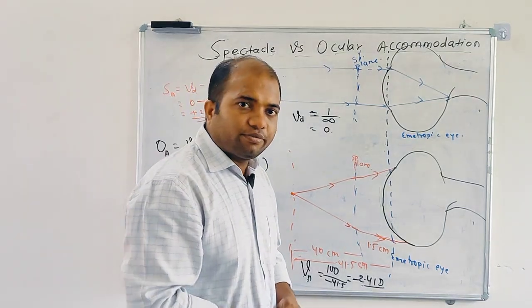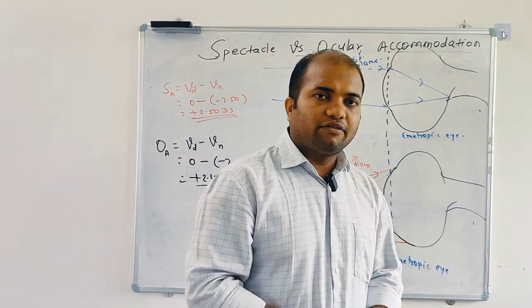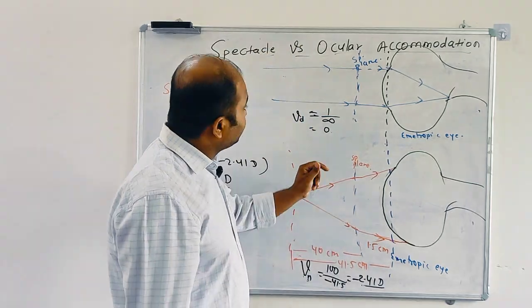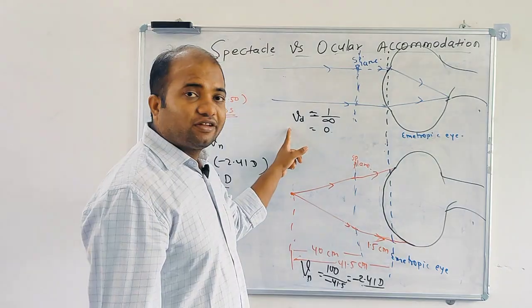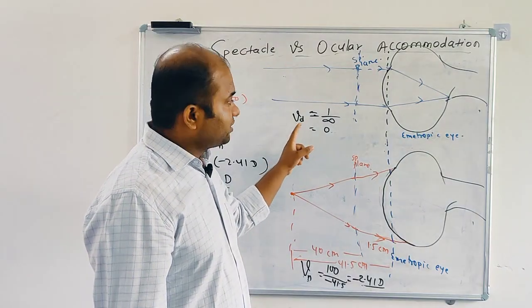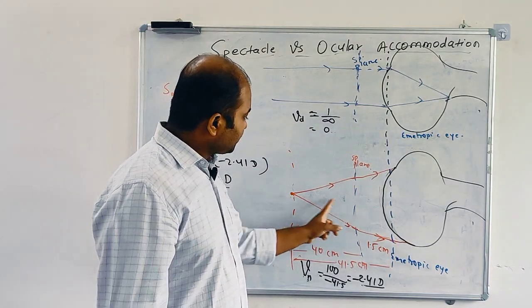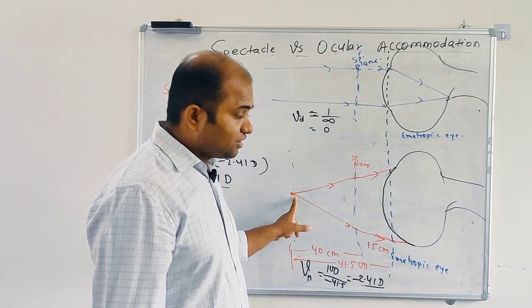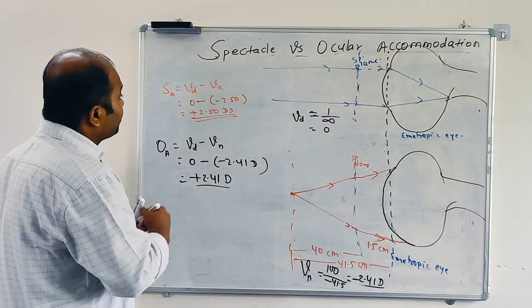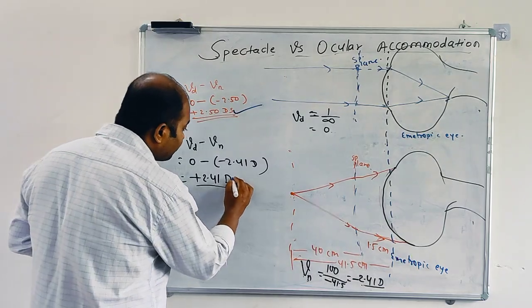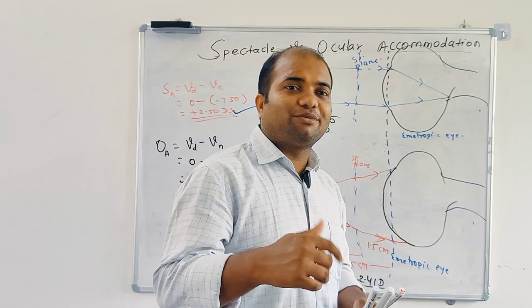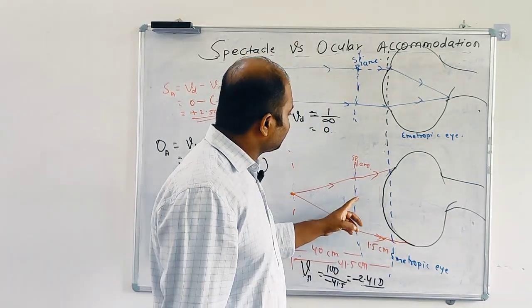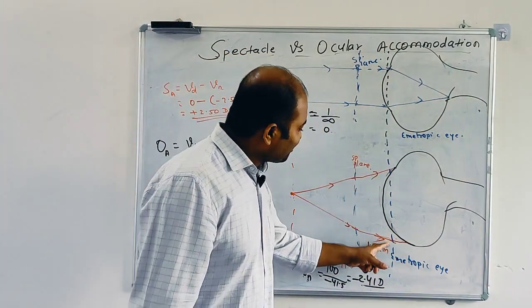Ideally, when you are emmetrope and seeing at 40 centimeter from your spectacle plane, you are not accommodating by 2.5 diopter, you are accommodating by only 2.41 diopter. That's the reason they say you will accommodate less than required. It's not really less than required, because the ideal calculation is only this one.